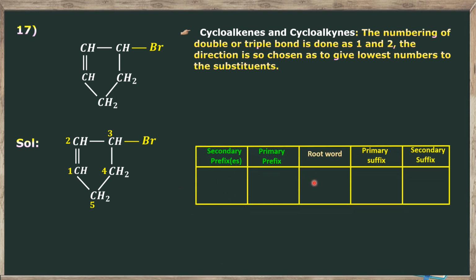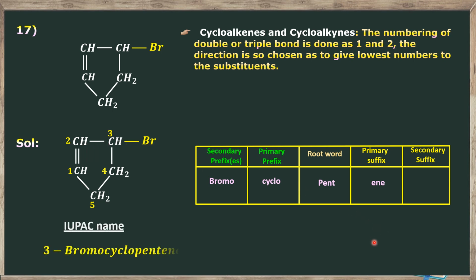The root word is pent. Primary suffix: a double bond is there in the ring, so it is ene. Primary prefix, here carbon atoms are formed ring. Okay, so primary prefix is cyclo. Secondary prefix, only one substituent is attached to the third carbon atom, that is bromo. So 3-bromocyclopentene.